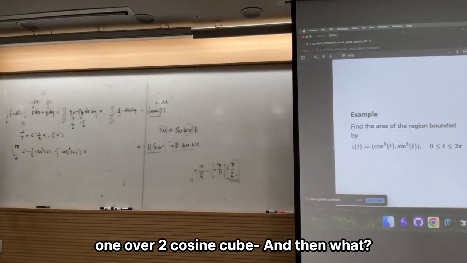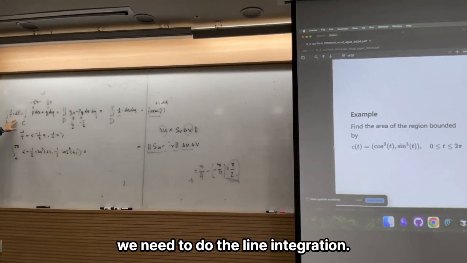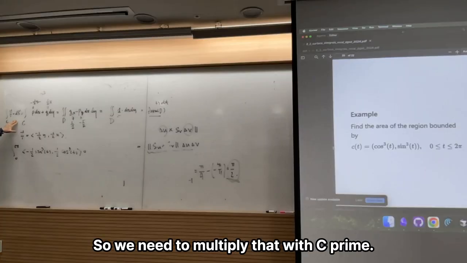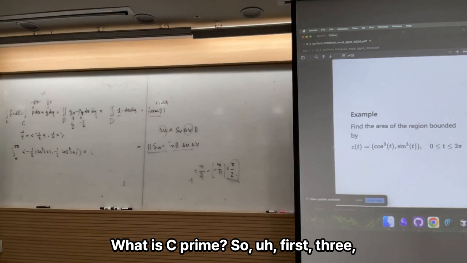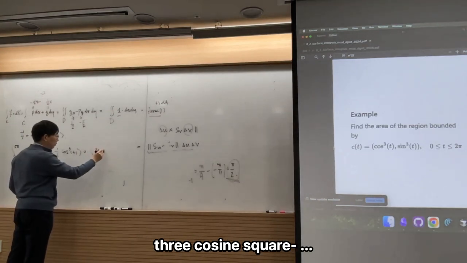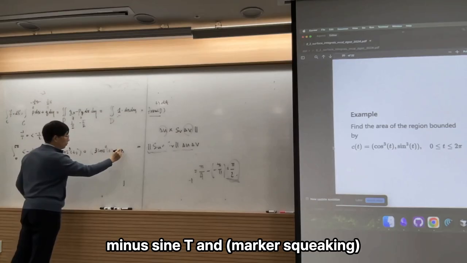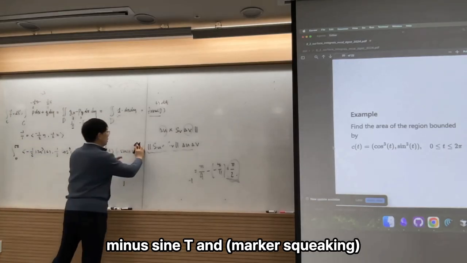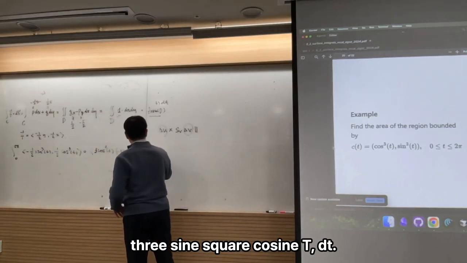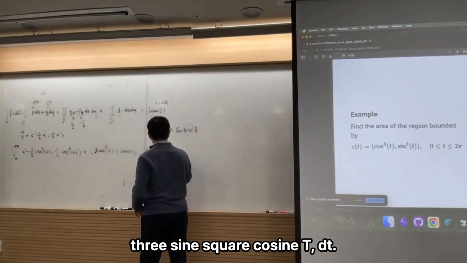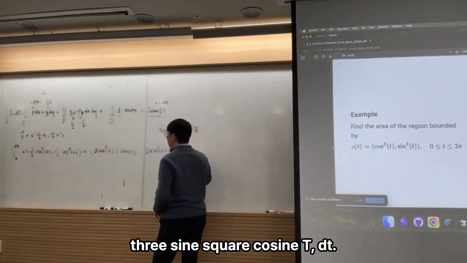And then we need to do the line integration, so we need to multiply that with c prime. What is c prime? First 3 cosine squared times minus sine t, and 3 sine squared cosine t dt.